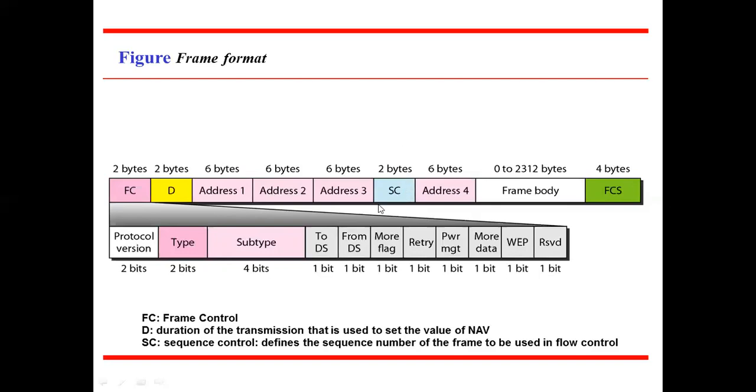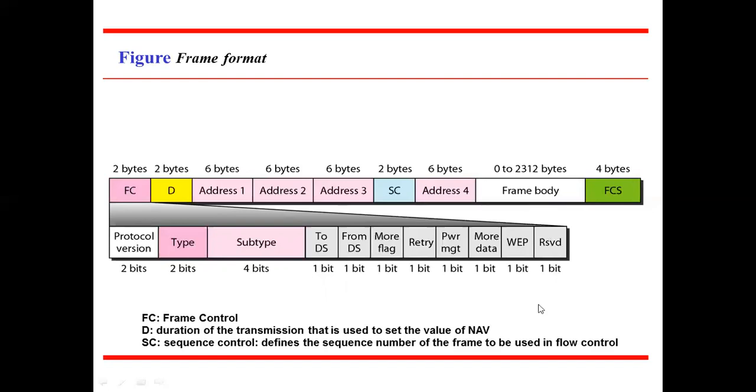Then another address, then the frame body, which is the main data. And the last one is for error checking, the FCS, 4 bytes of information.